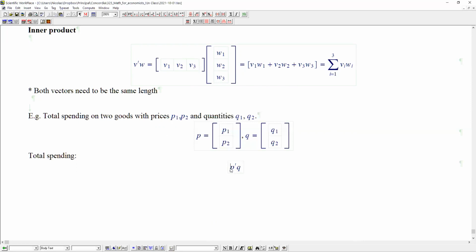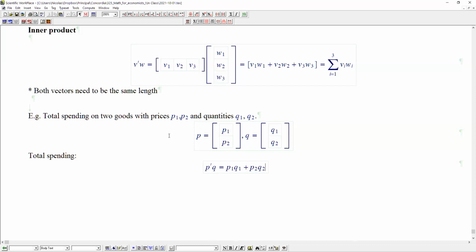I just say I have my prices in this vector P and my quantities in this vector Q. And here I get total spending. That's it. Equals P1 Q1 plus P2 Q2. You were totally right, of course.